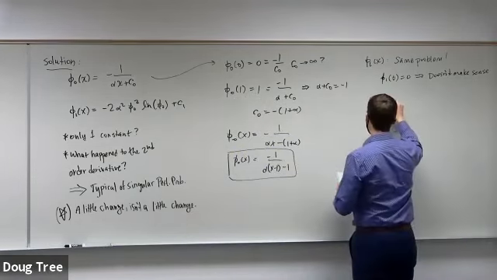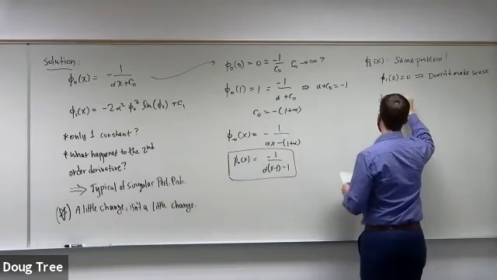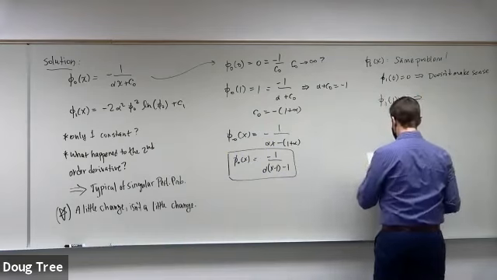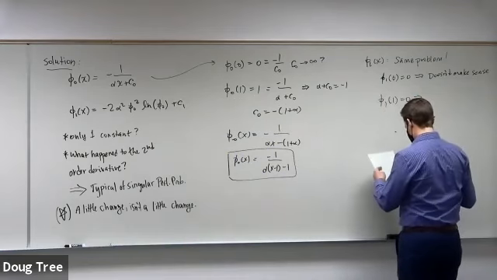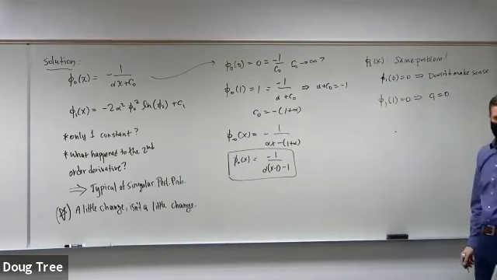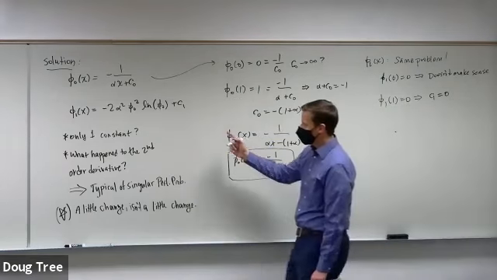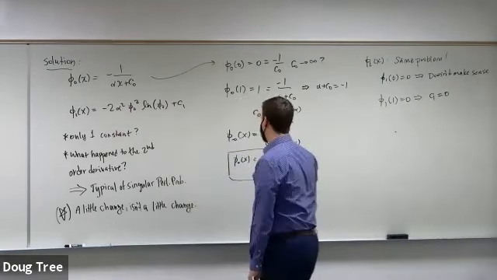But I can find P1, 1, which should equal 0. And in that case, that tells me just that C1 equals 0. That's actually trivial to find, okay? Because I say this thing has to equal 0, and that works out.